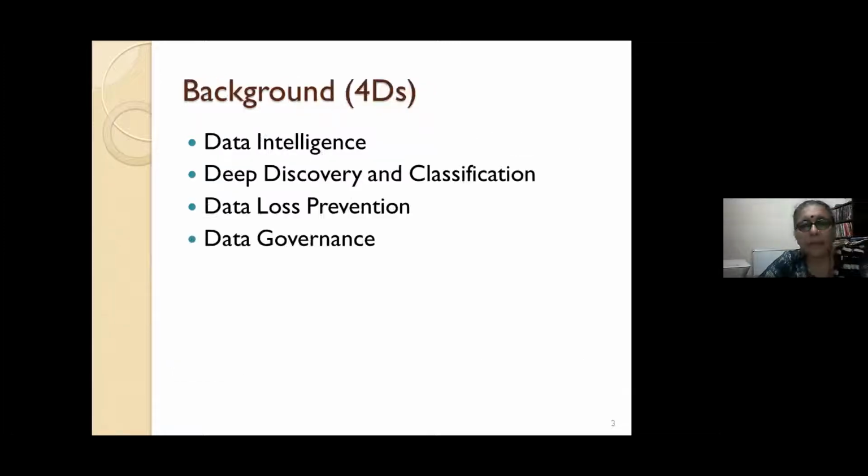Okay. So I just want to introduce the 4D concept. One is data intelligence, then data discovery and classification, of course data loss prevention, which most of us must be familiar with as a terminology, and data governance. Why we talk about data intelligence is that in any given scenario, I can take the example of a payroll service provider, be it Hewitt or Aon or whoever in the Indian scenario.